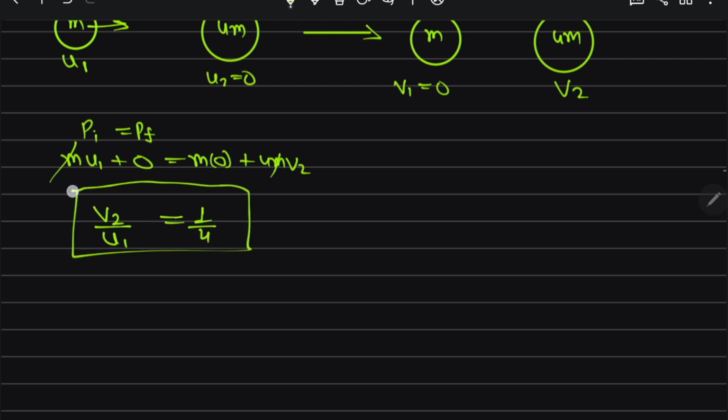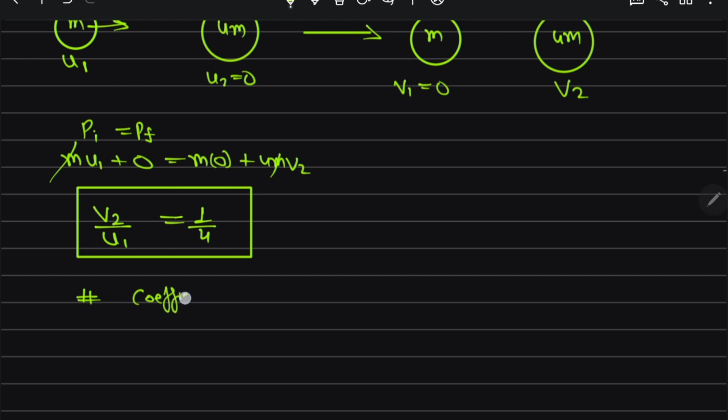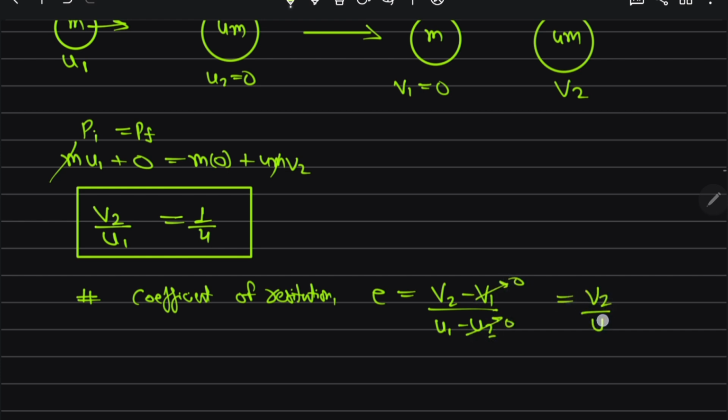Now the coefficient of restitution, we know that E is equal to v2 minus v1 upon u1 minus u2. Final velocity of the first particle is 0, initial velocity of the second particle is 0, so that is v2 upon u1. So E comes out to be 1 by 4, that is 0.25.